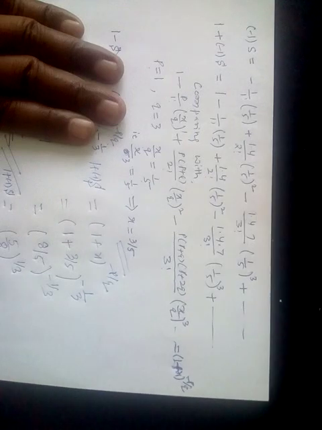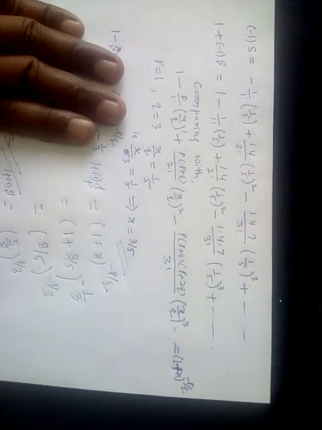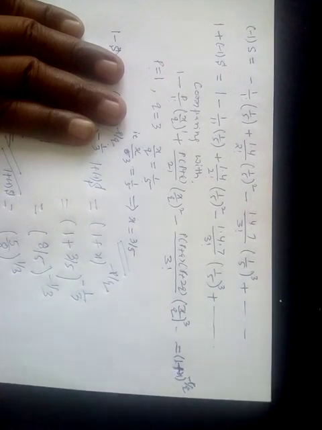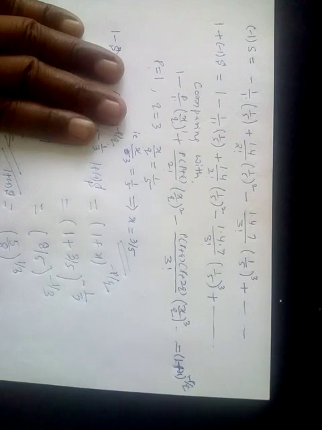After multiplying by minus 1, I get 1 minus cube root of 5 divided by cube root of 8. The cube root of 8 is 2. So S is equal to 1 minus cube root of 5 divided by 2. This is the sum of the given series.